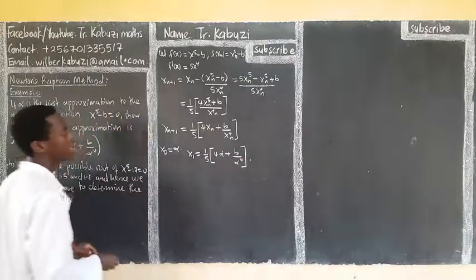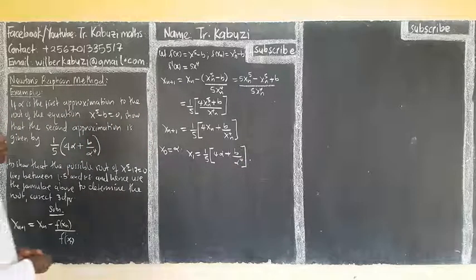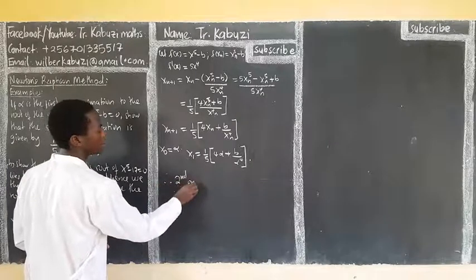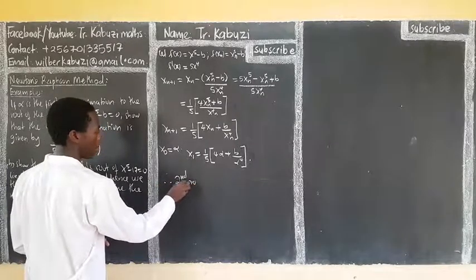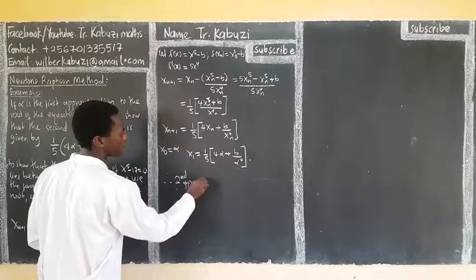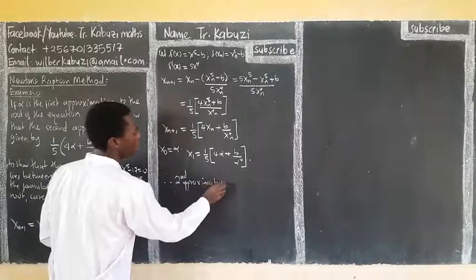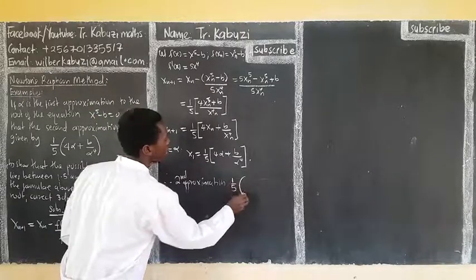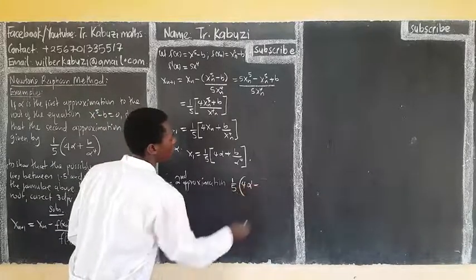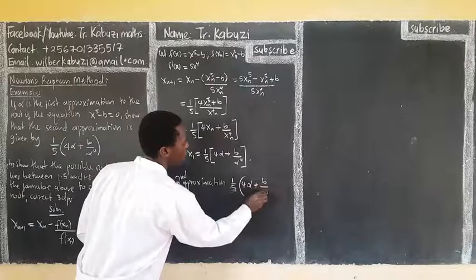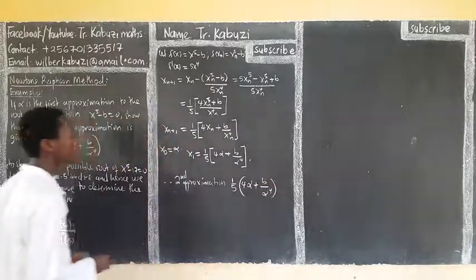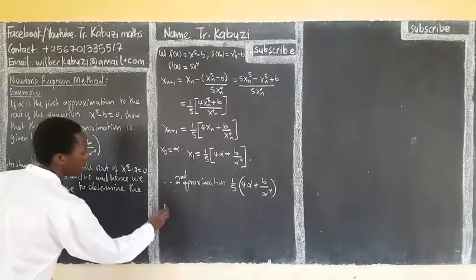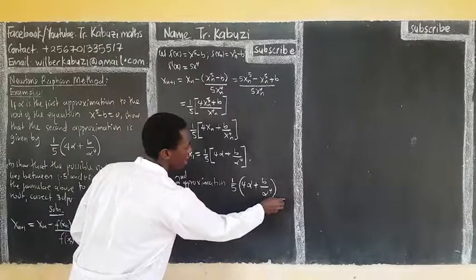And you see that is our next approximation, our second approximation, which is going to be 1 over 5 into 4 alpha plus b over alpha power 4.